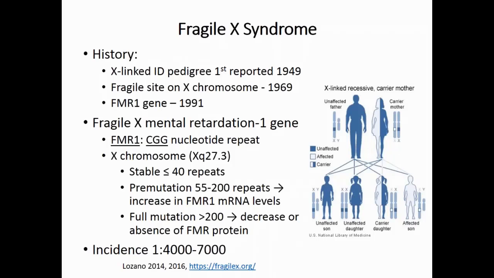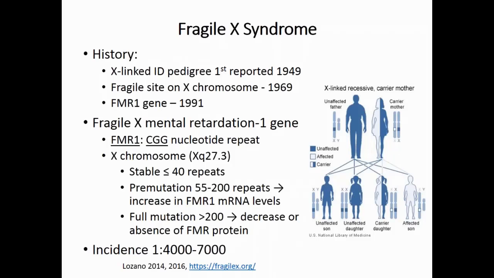In Fragile X, there is a mutation of the FMR1 gene, which involves an expansion of more than 200 CGG, that's cytosine guanine guanine, repeats. CGG, again, refers to these bases. Individuals in the normal population have less than 40 CGG repeats.